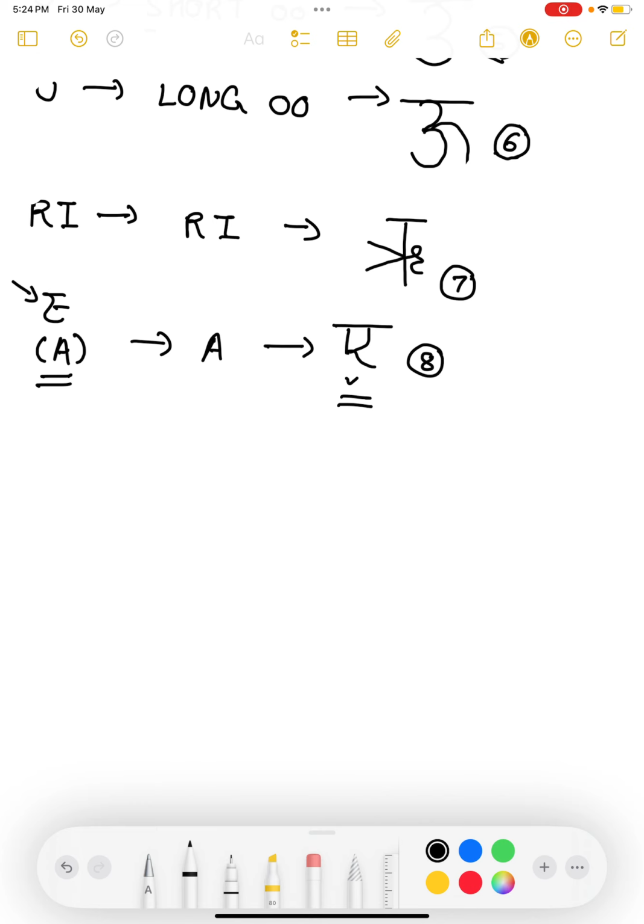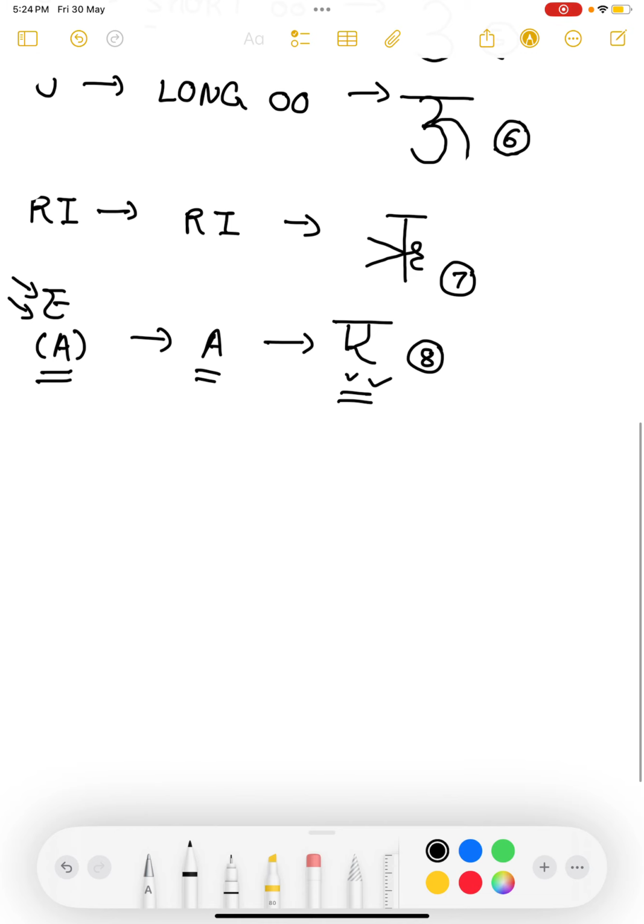Letter E from English is used to denote the A sound. So the way to write it in English is this. Sounds like A. This is how it's written in the script.